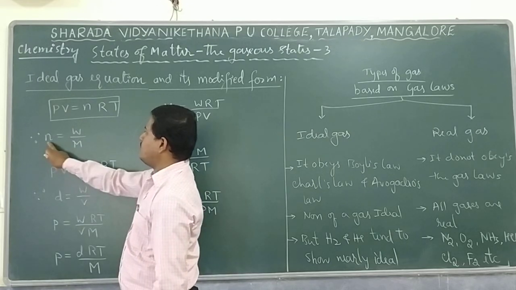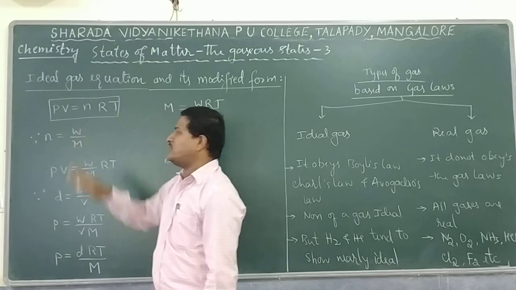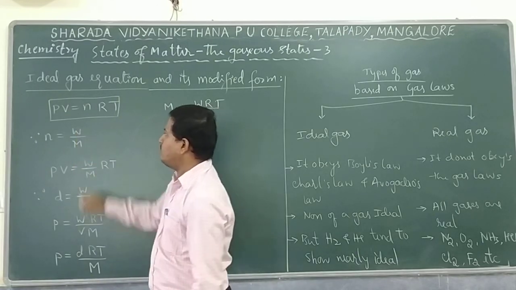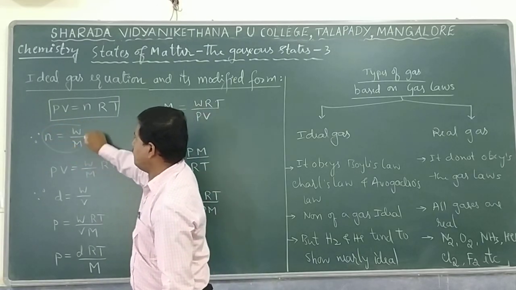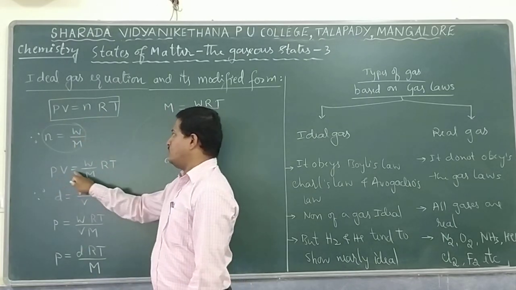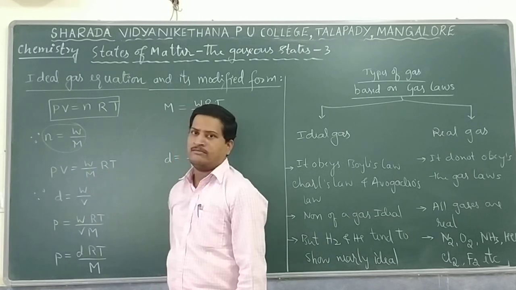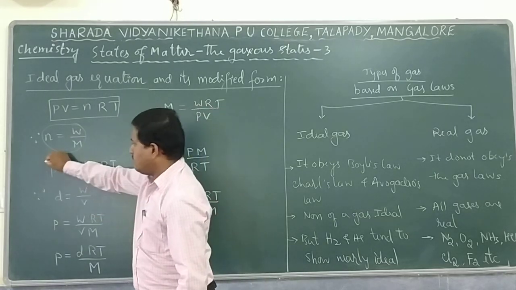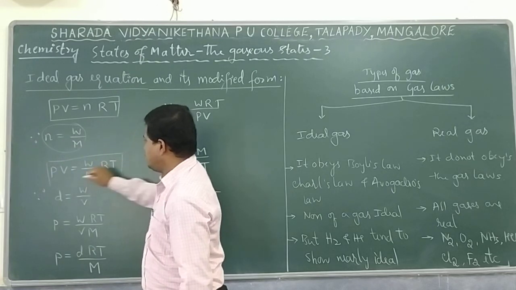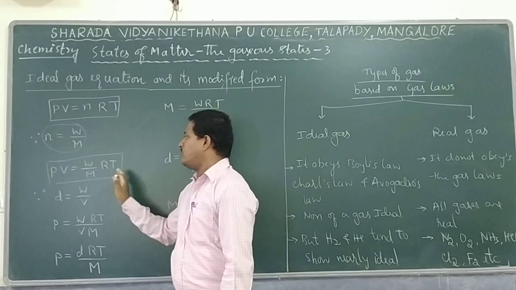You know the number of moles is nothing but mass by molecular mass; W stands for mass, M stands for molecular mass. Now substitute the value of n, W by M, in this equation. Then we find PV equal to W by M into R into T.